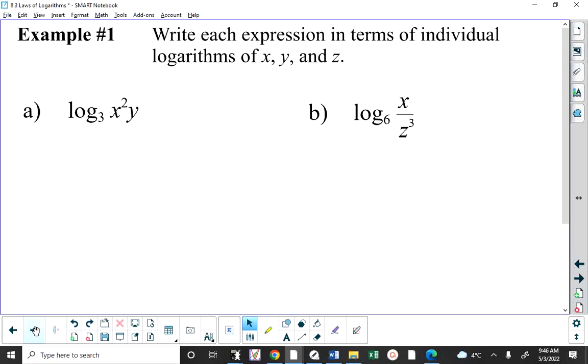Okay. So let's take a look at these. Write each expression in terms of individual logarithms of x, y, and z. I'm going to be asking you throughout these questions, how many of you see the answer already? Okay, I'm not going to do that with the first example, but I'm going to be doing that a lot.